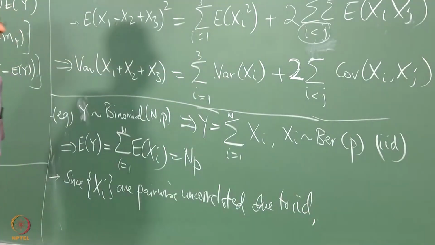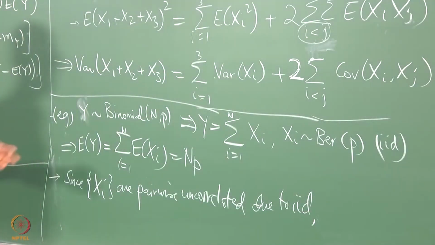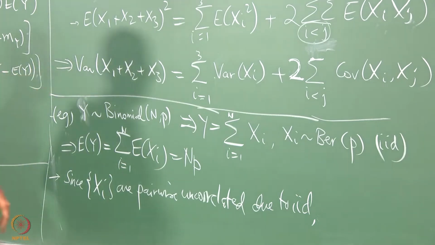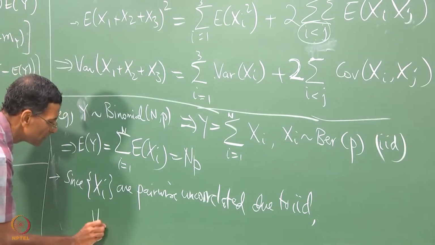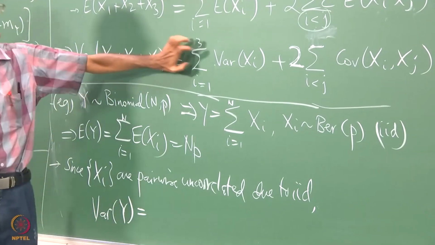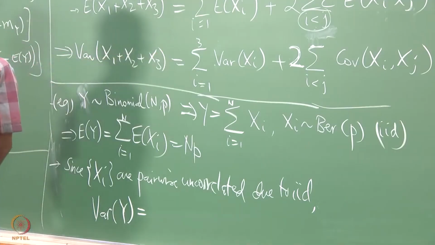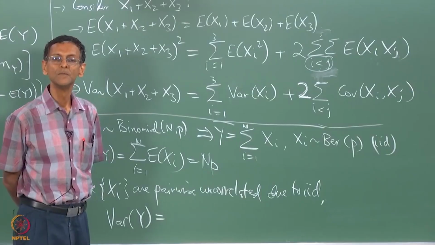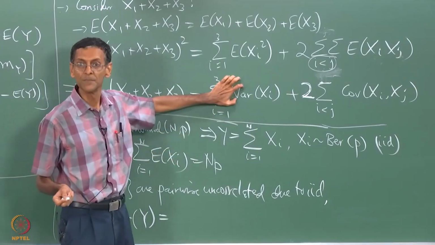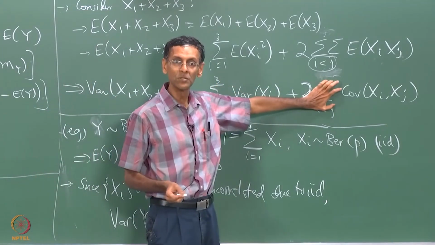Going back to this equation here, what is the variance of y? Variance of y is what? Only this term. This term will automatically go to 0.